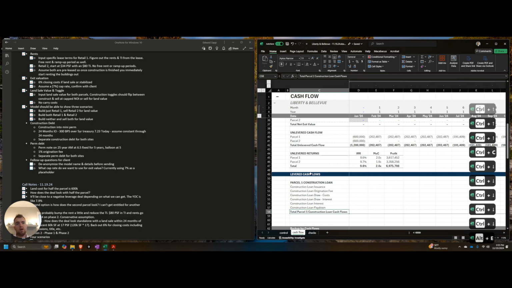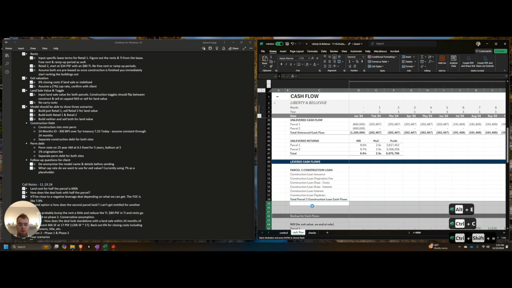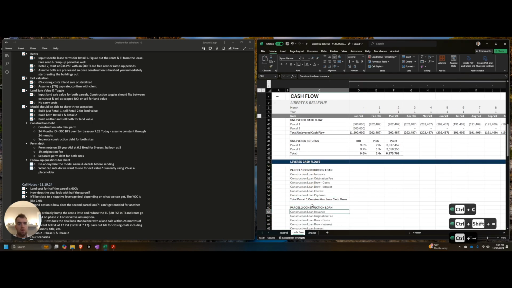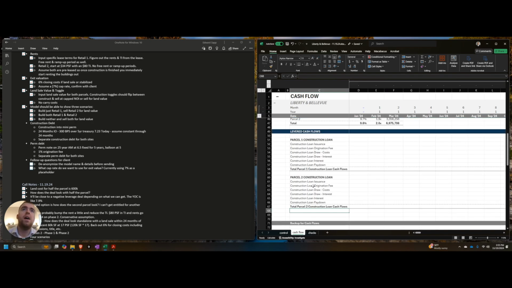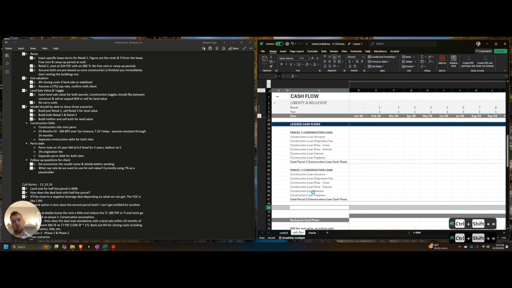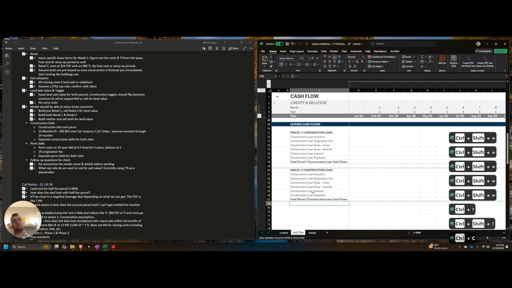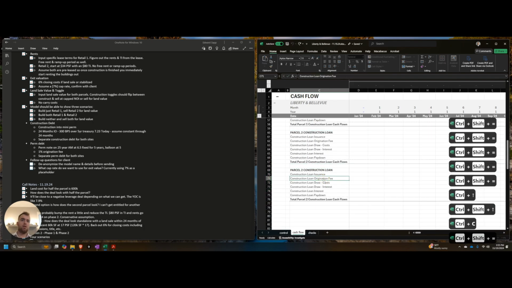And we're going to repeat that with parcel 2. It's going to be the same logic. Okay, same logic. And then refi. So I'm just going to take this mostly for the formatting.